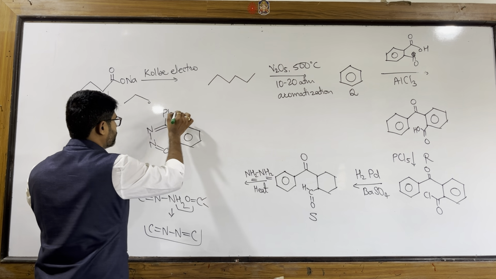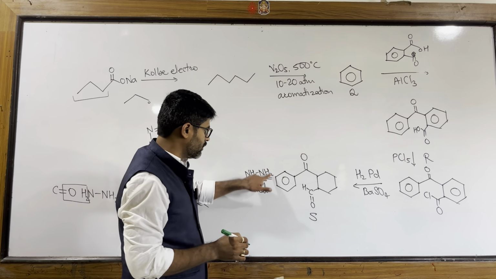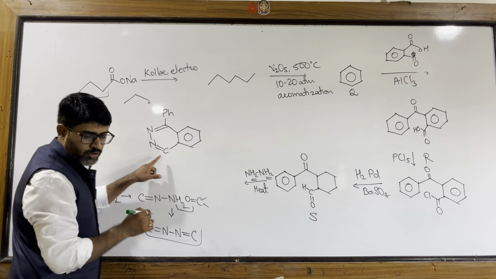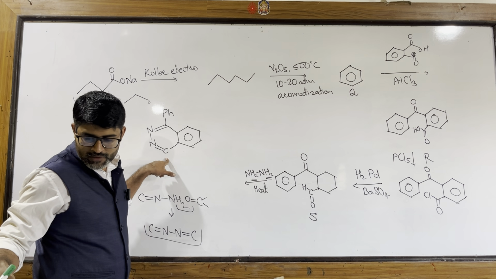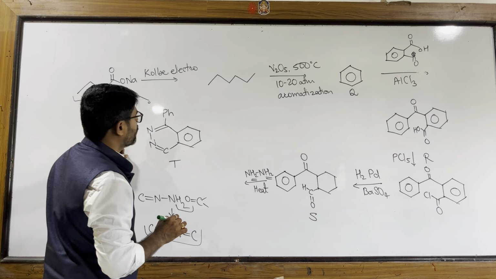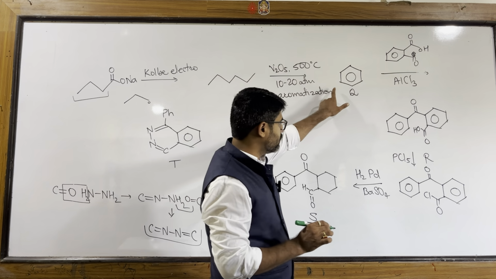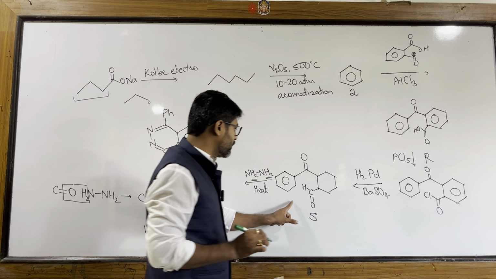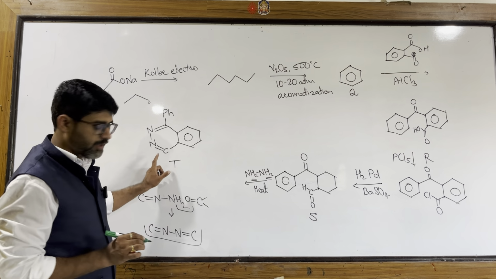I am writing Ph for this benzene ring which is bonded to this carbon. So this is the final product and it is named as T. This is the T. Q is benzene. Next R is this compound, S is this and T is this.